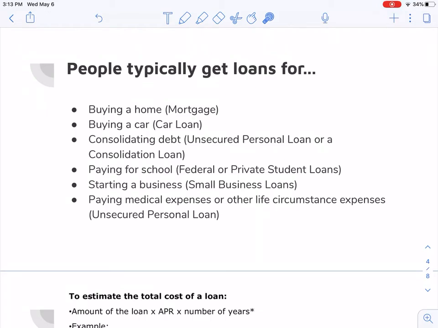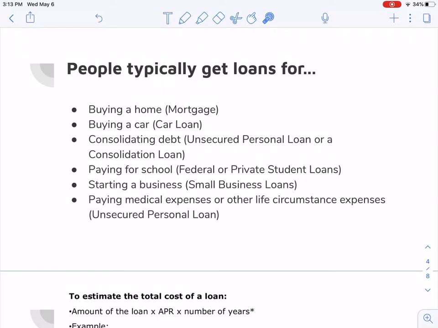And so you would go through a bank or some kind of financial institution that would pay off your credit card debts, and then you take out a loan to pay off your other debts, if that makes sense.